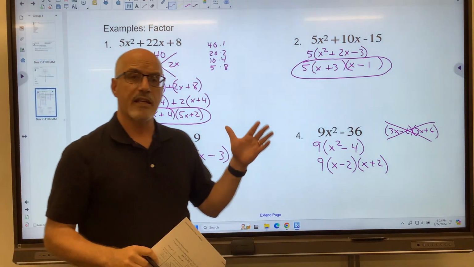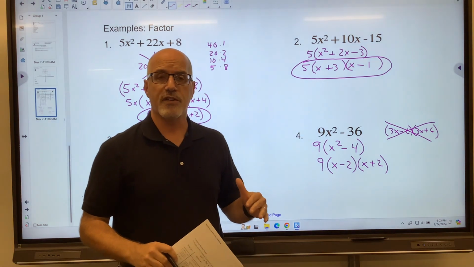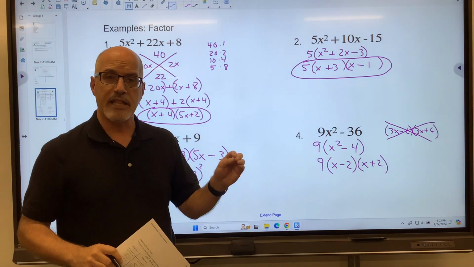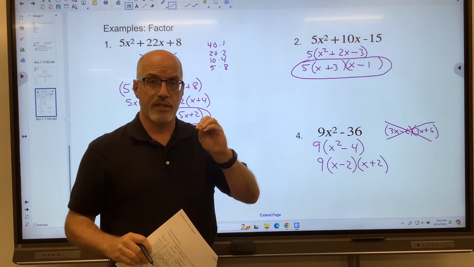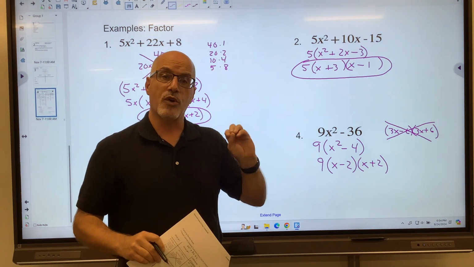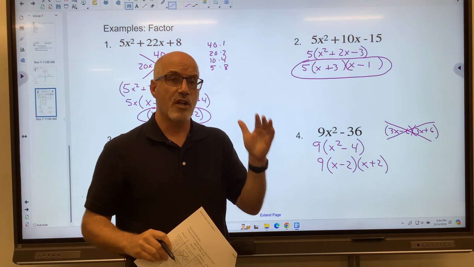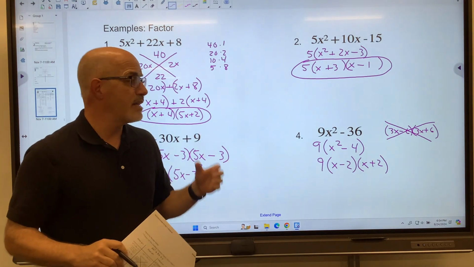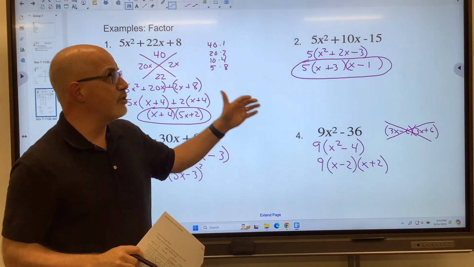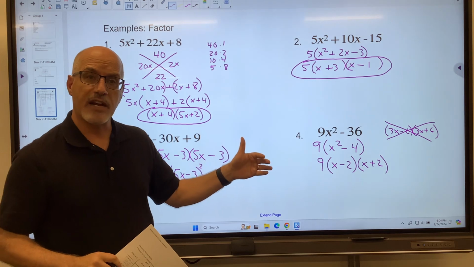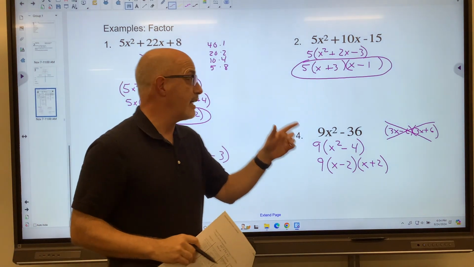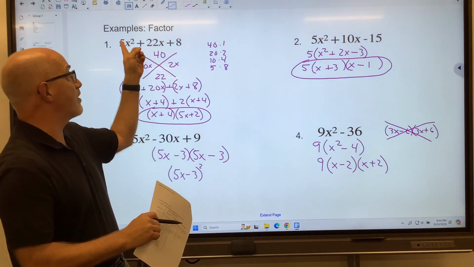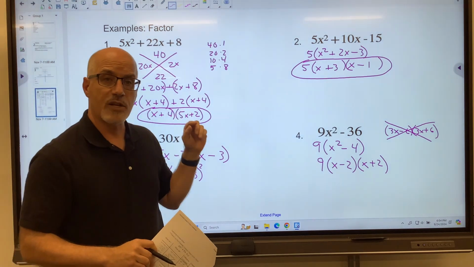Okay, so we've seen these different patterns of factoring. You want to look at either the trinomial or binomial that you're trying to factor. Look for the pattern that's listed in these 4 columns, and then once you see the pattern, use that pattern to come up with the factorization using, if you want to, the x method if the leading coefficient is not equal to 1.